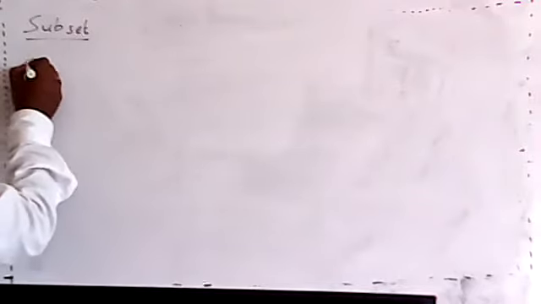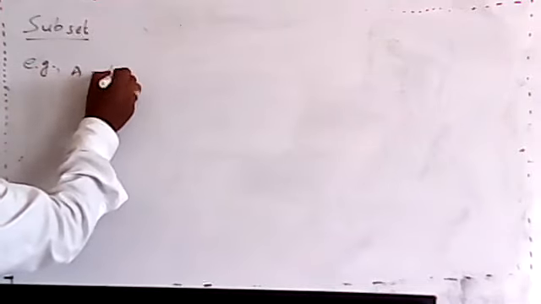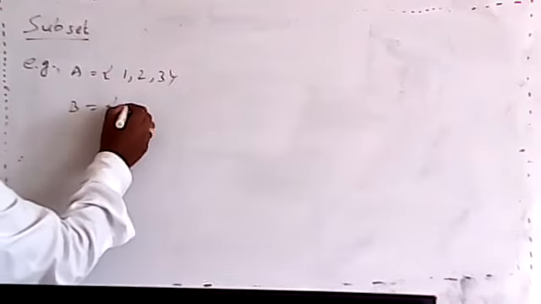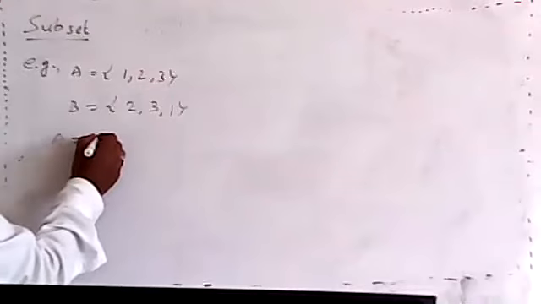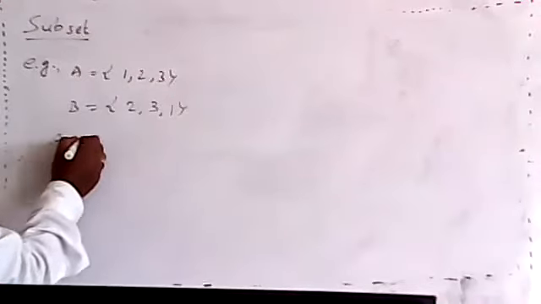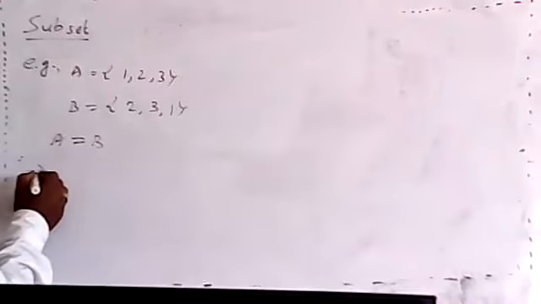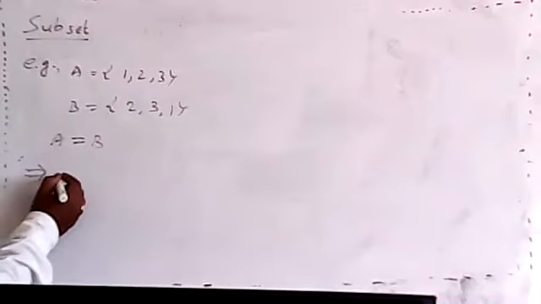Let us take one more example. There is a set A having 1, 2, 3, and there is one more set B having the same 2, 3, 1. You tell that A is equal to B. No doubt, A is equal to B. Then I will tell that this implies, the symbol is nothing but implies.